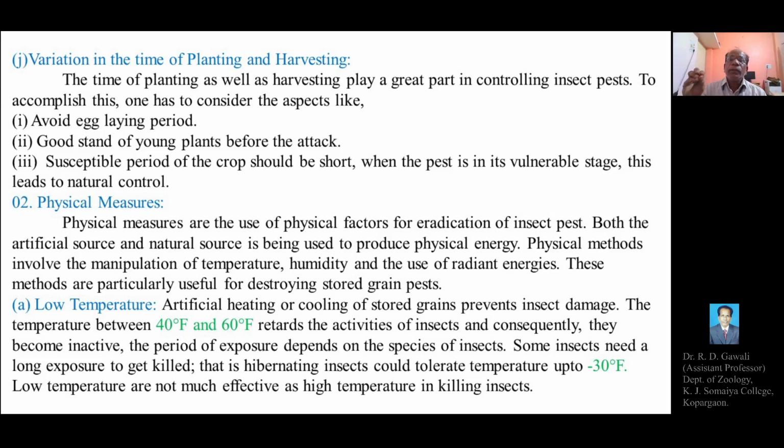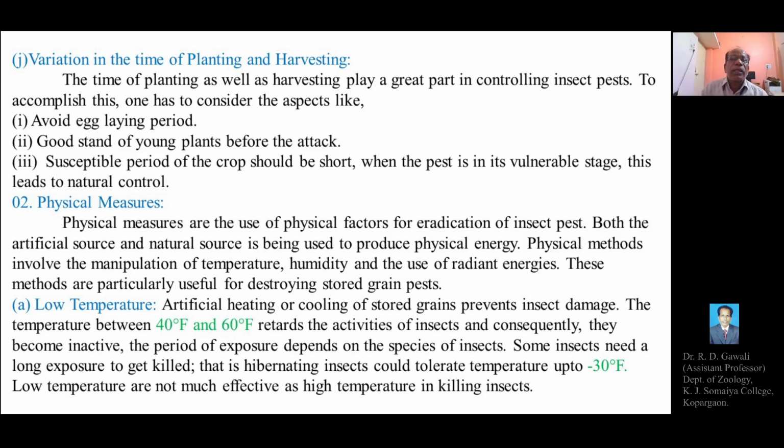Harvesting or planting may be delayed or done earlier so as to mismatch the egg laying period of the certain pest, or to get a good stand of young plants before the attack, or to keep the susceptible period of the crop short when the pest is in its vulnerable stage or at the stage of attack. This leads to natural control.